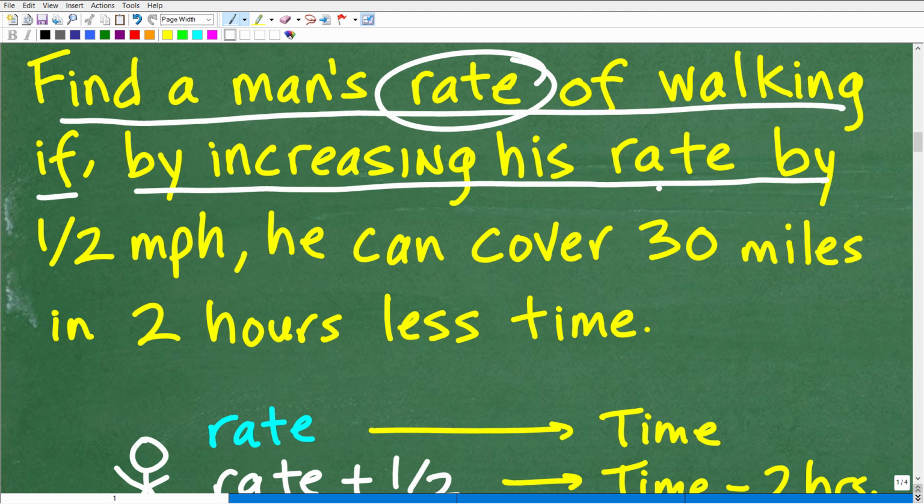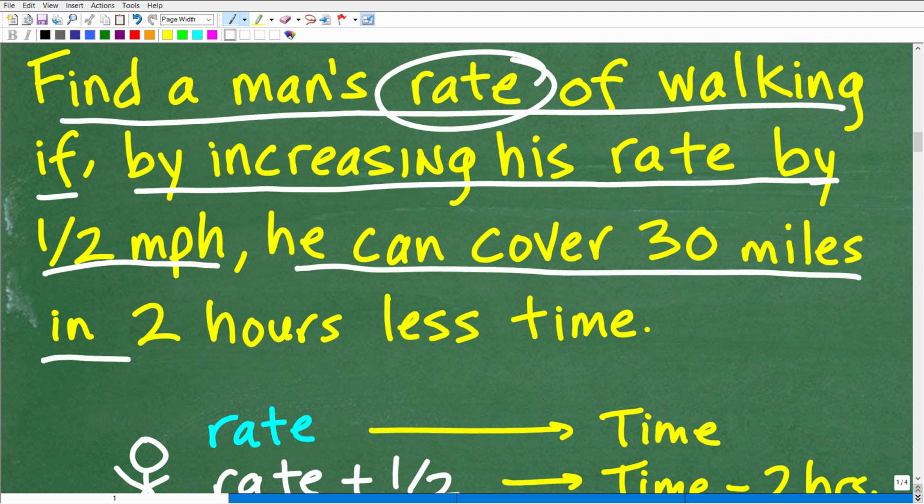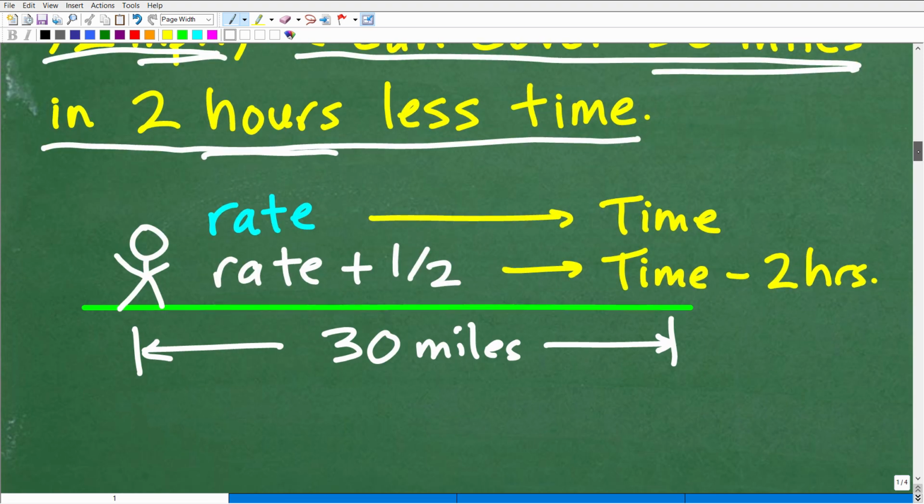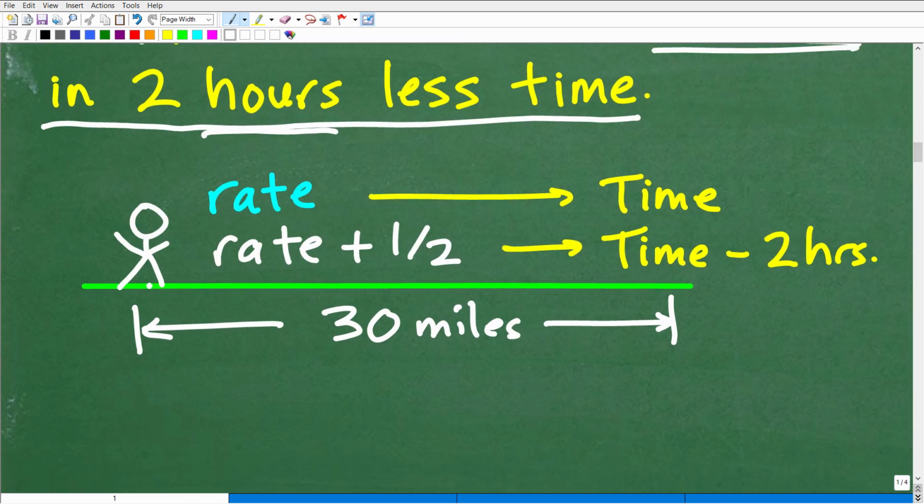He's walking at one rate, then he speeds up by 1/2 miles per hour. He can cover this 30 miles in 2 hours less time. Okay, so we have this distance of 30 miles, and we have hours going on here. We have rate, or miles per hour. Okay, so I'm going to get into this in a second, but let's try to model the scenario. Okay, so here is this man.